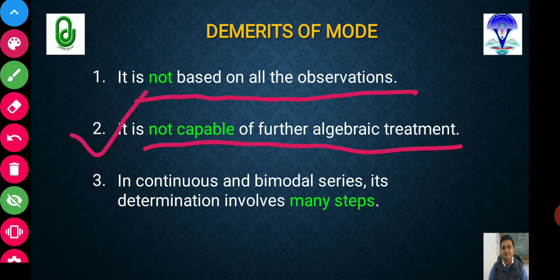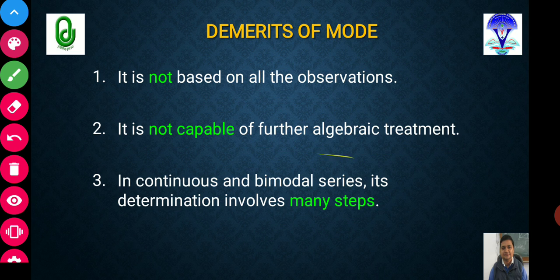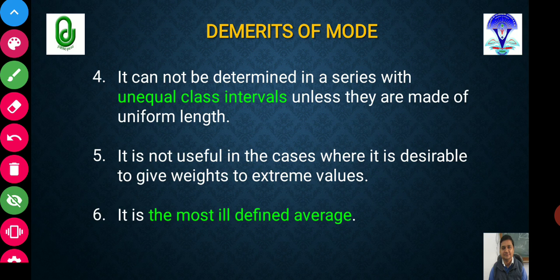In continuous and bimodal series, its determination involves many steps. So already we have seen in continuous data, it involves the preparation of a grouping table, then an analysis table, then again you put the formula. So this is cumbersome. It cannot be determined in a series with unequal class interval.